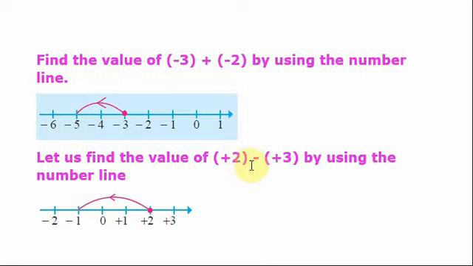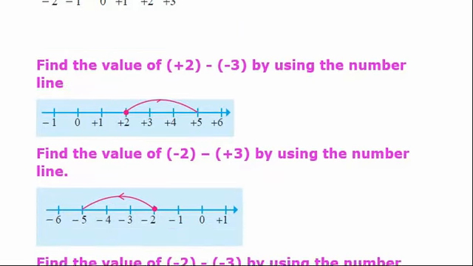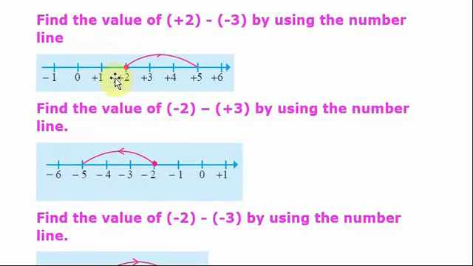Plus 2 minus plus 3, again once you multiply this you will get minus 3. Then from plus 2, minus 3 means a negative direction, so 1, 2, 3. Answer will be minus 1. Then plus 2 minus minus 3.